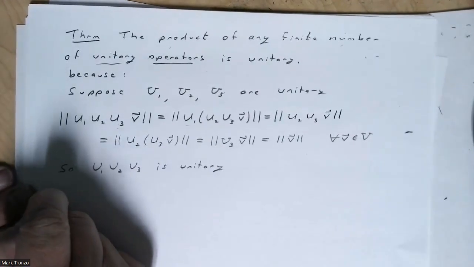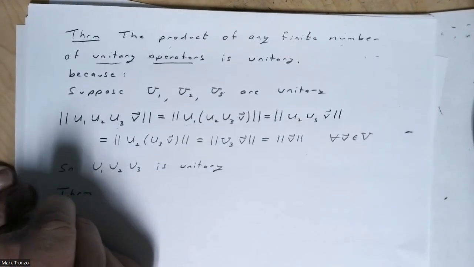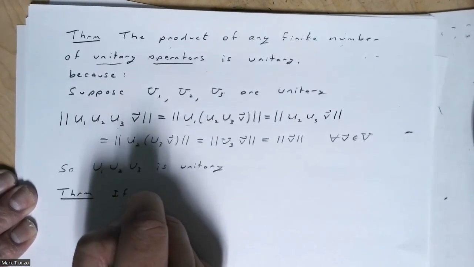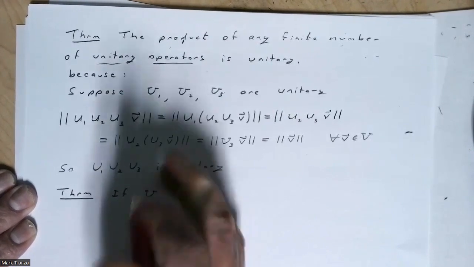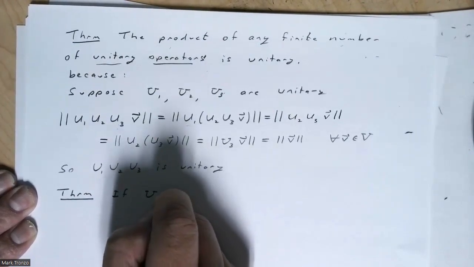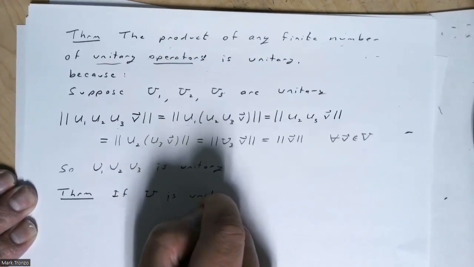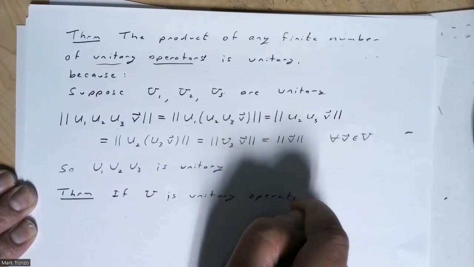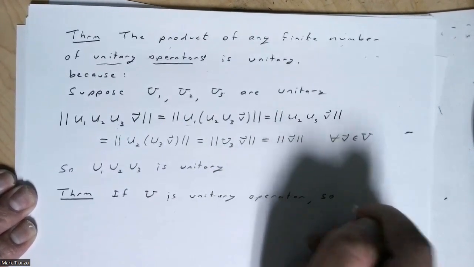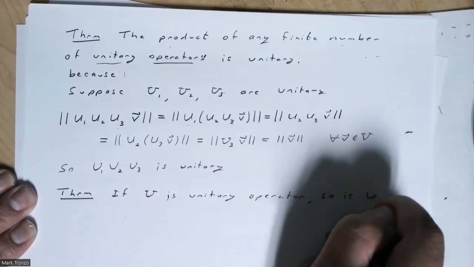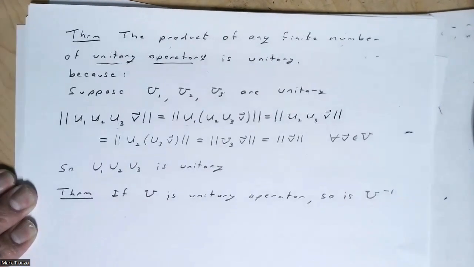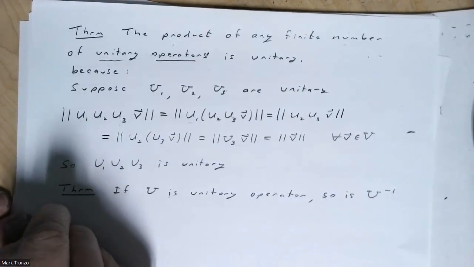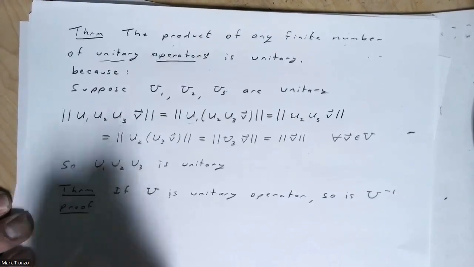And another, I don't know if you really even call this a theorem. There isn't much to the theorem. But if U is unitary, so is U inverse, which is, of course, going to be the adjoint. And once again, you could do just a short proof.